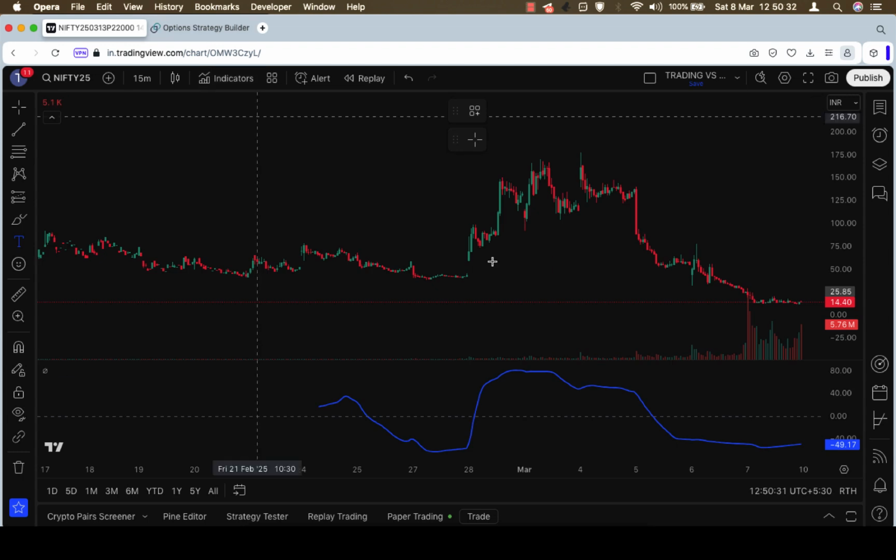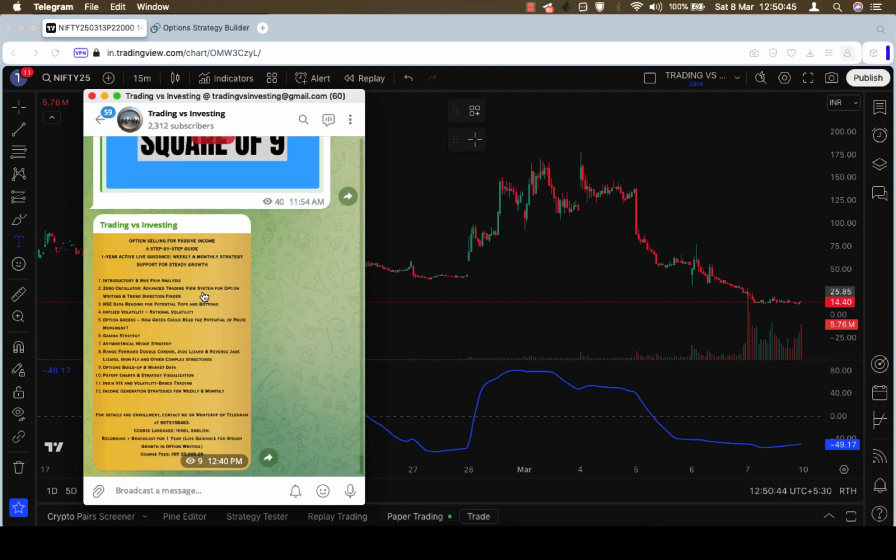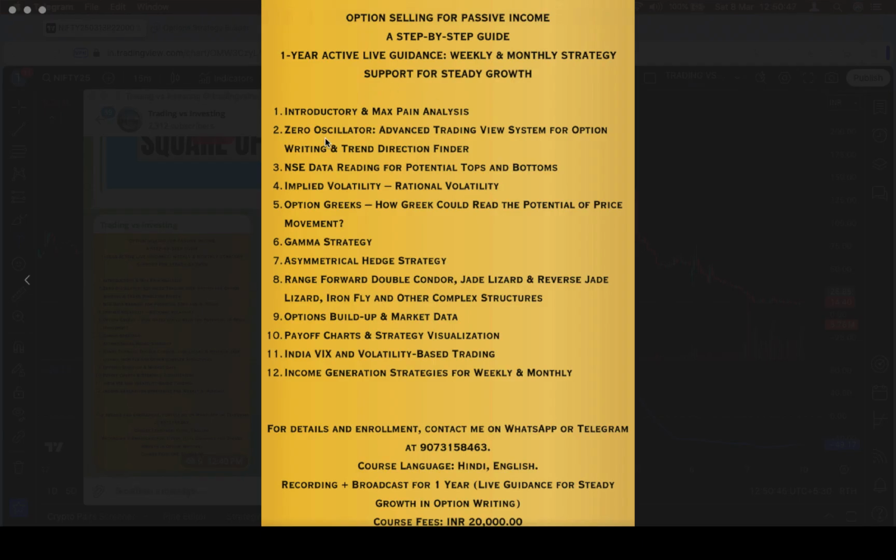Now there are different procedures to do daily, weekly and monthly trading, by reading the max pain data and other data also. Here is every detail: the max pain, the zero oscillator, which I just gave you as an example, then NSE data reading for the potential tops and bottoms of stocks, implied volatility, RV and IV, and the option Greeks, especially the gamma strategy.